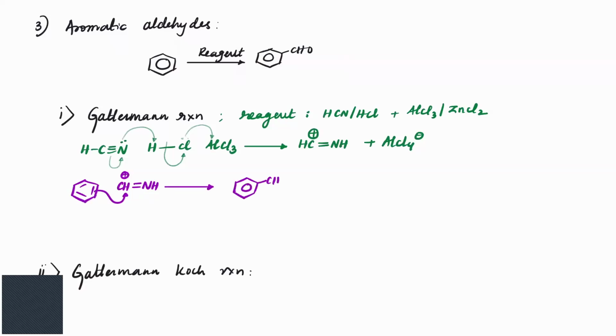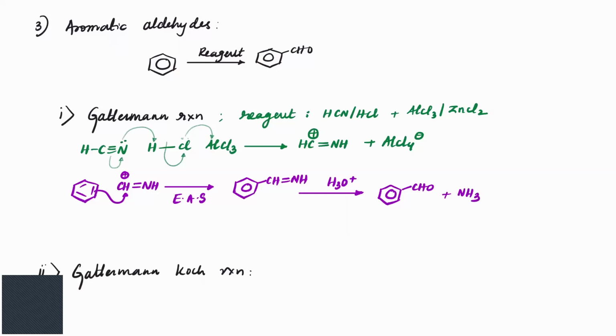That will cause benzene to form CH double bond NH, an imine form, right? And this is an EAS reaction, electrophilic aromatic substitution. Imines are highly unstable in acidic medium. So after the imine formation, we add water or an aqueous solution, and it will immediately turn back into aldehyde and ammonia.